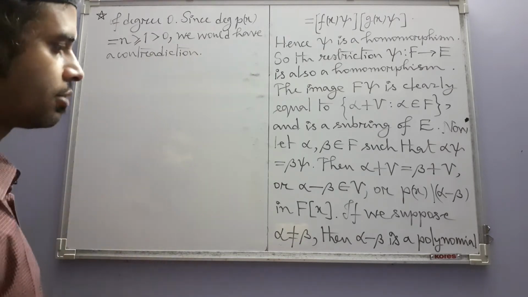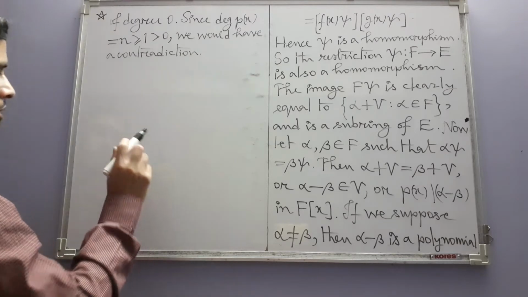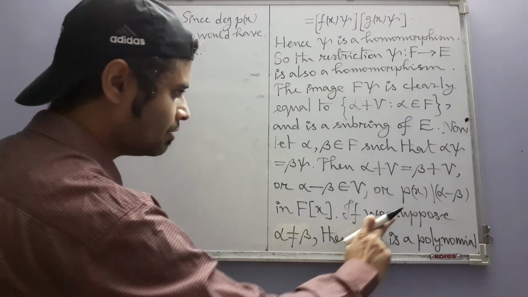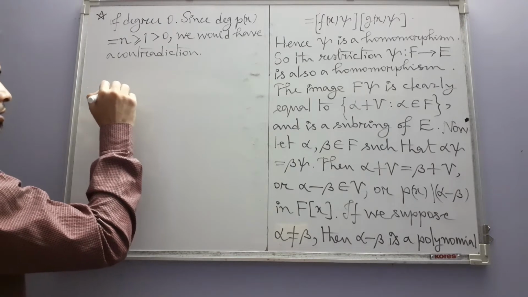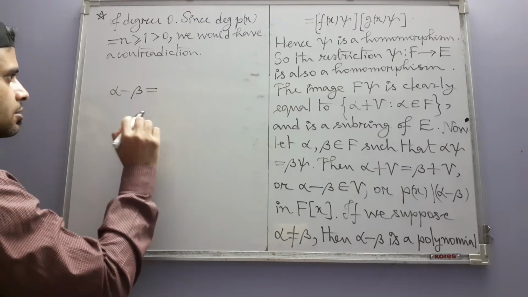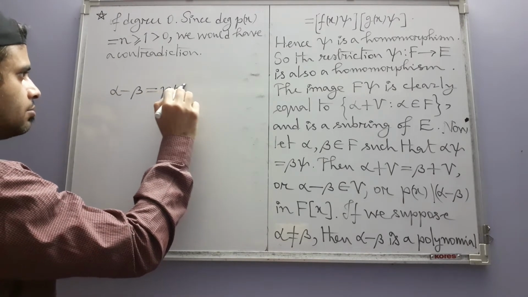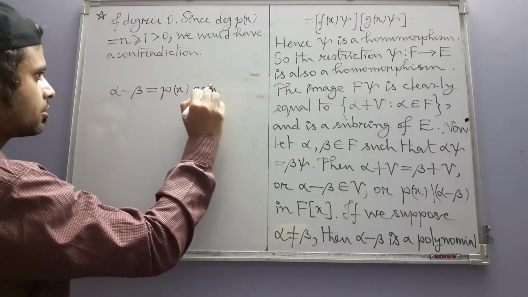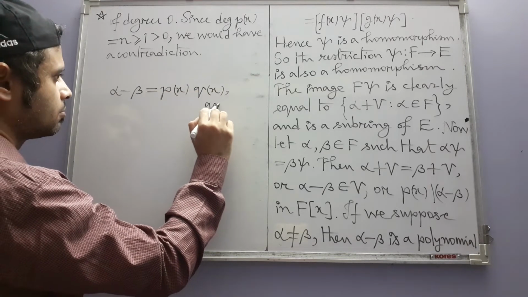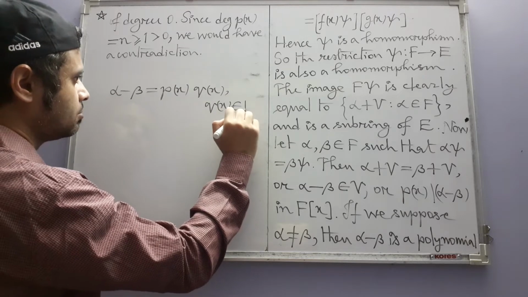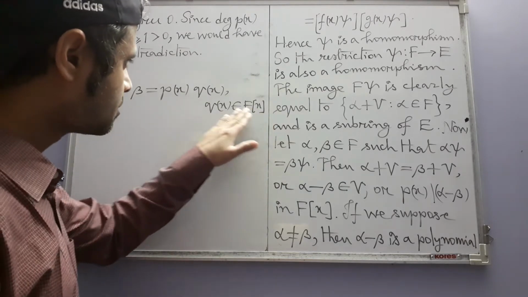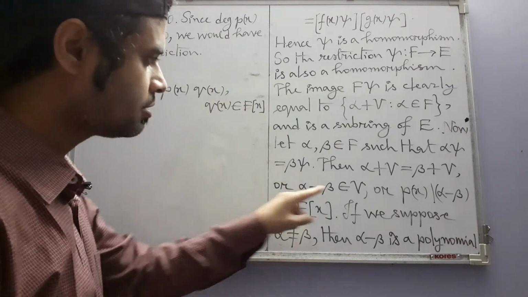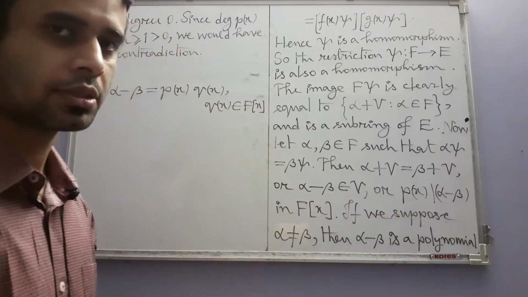Okay, why a contradiction though? You see, this divisibility relation implies that alpha minus beta is p of x times some polynomial q of x, where q of x belongs to F[x]. Q of x belonging to F[x] means divisibility in F[x].